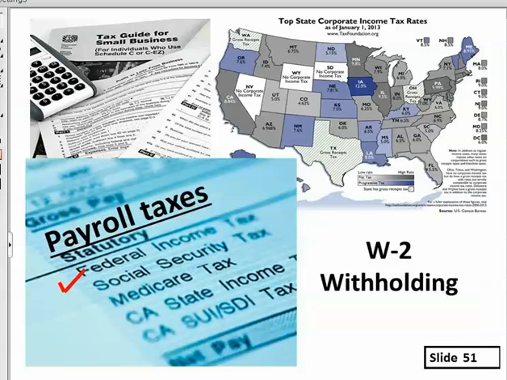Now, in the payroll area, obviously, if you have an employee, you have to hold a certain amount of money out of their income. So you're paying them, let's say, $100 a week. You have to keep out a certain amount of that $100 to pay their federal withholding taxes. That's money that you're going to have to send to the federal government every 3 months for all your employees.